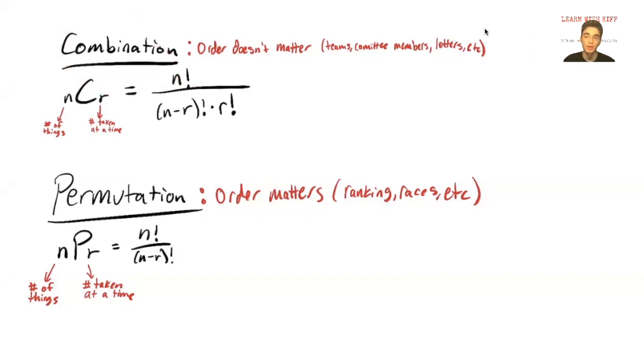So combination is a way in which we can group things, and order doesn't really matter. So they could be in any order, and for teams, committee members, letters, etc. If you had a question about splitting people into teams, or talking about committee members, or arranging letters, order typically doesn't matter, and that means that you could have them in any order whatsoever.